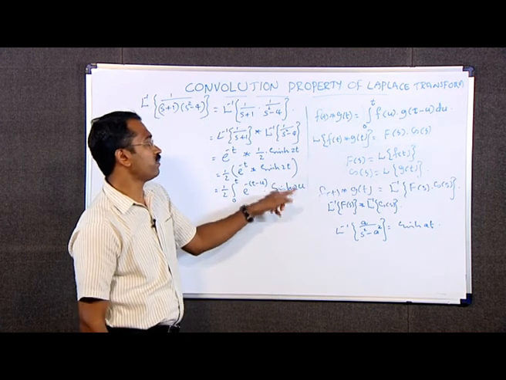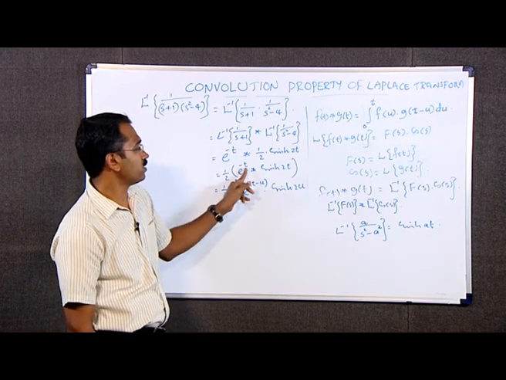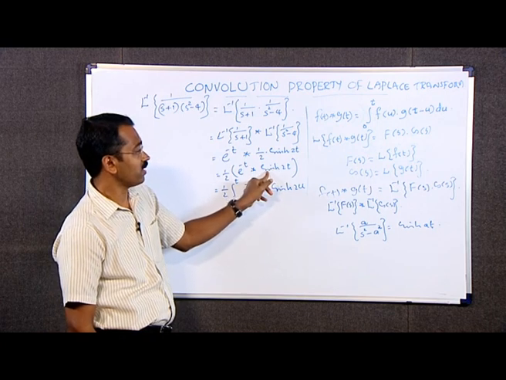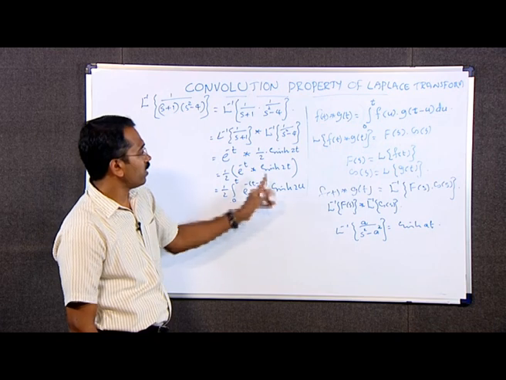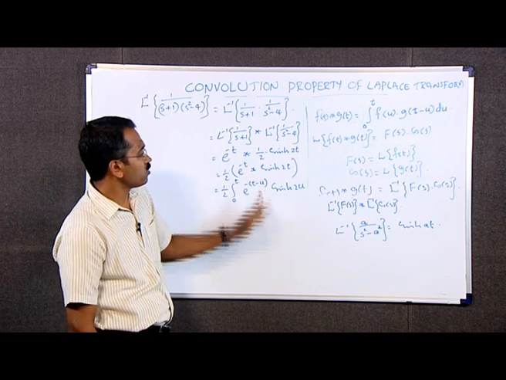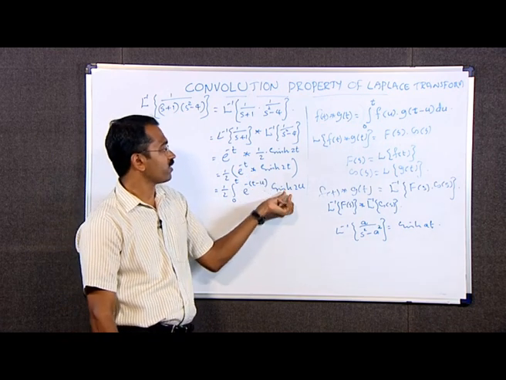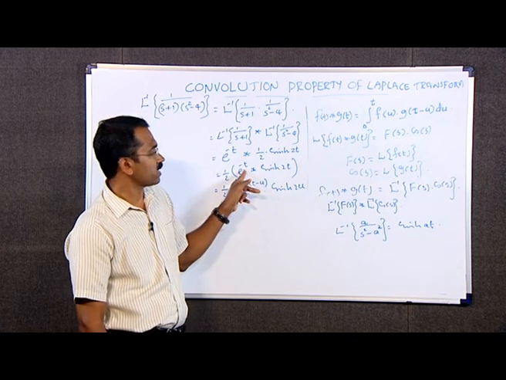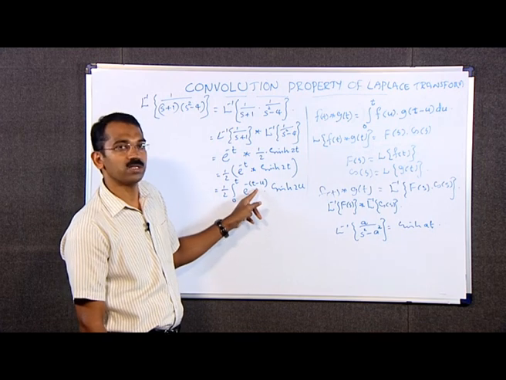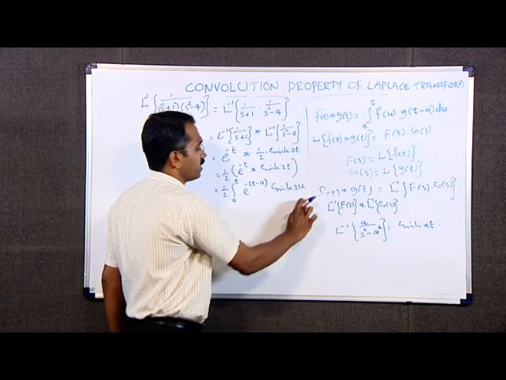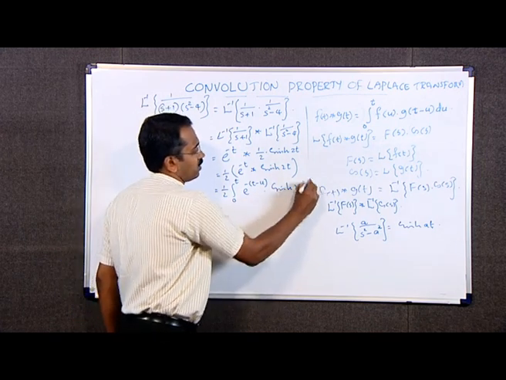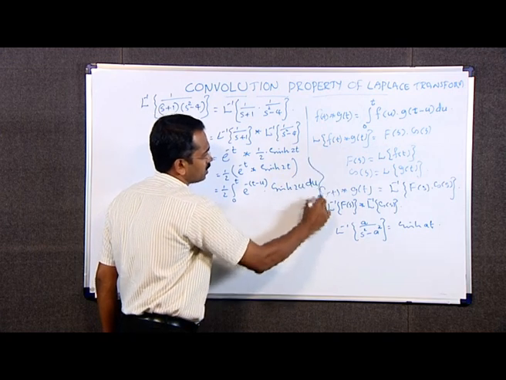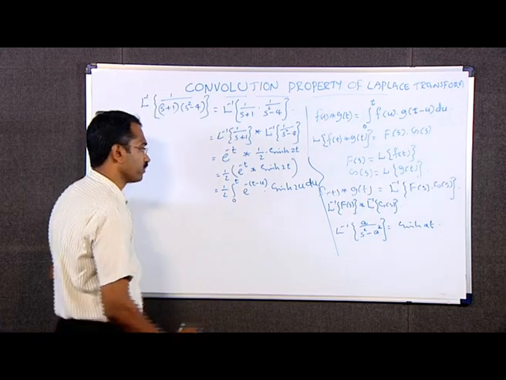Taking f of t as sin h 2t and g of t as e raised to minus t, in f of t we replace t by u, and in the second function g of t, we replace t by t minus u. Then we take the product and integrate with respect to u between the limits 0 and t, which is the definition of convolution.